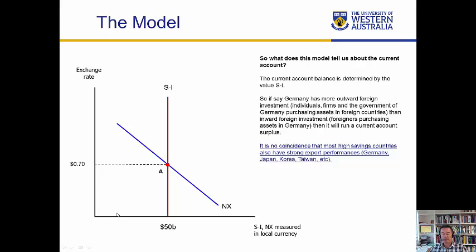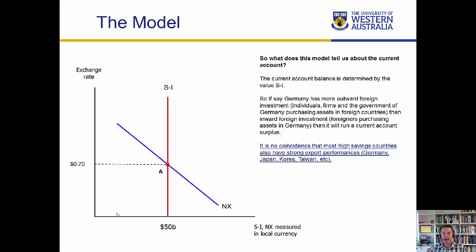Germany, however, is a high savings country. Germany saves a lot of money relative to its own domestic borrowing requirements. So Germany can actually supply the rest of the world with more of its savings than a lot of other countries can.